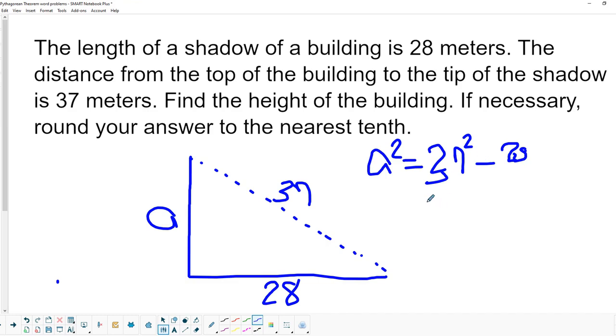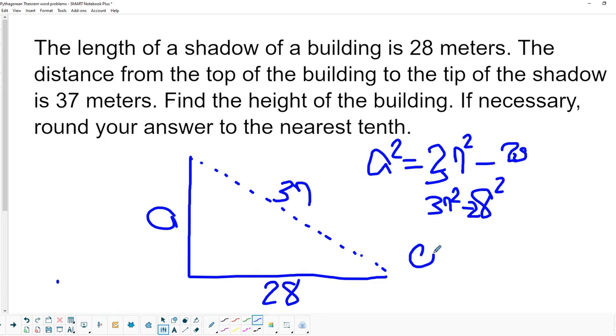So the height of the building is 37 squared minus 28 squared. So on your calculator, what is 37 squared minus 28 squared? It is 1305, and we do the square root, 36.1.